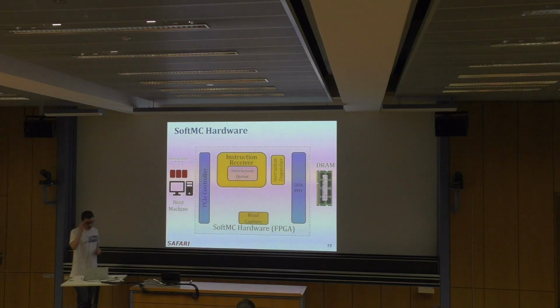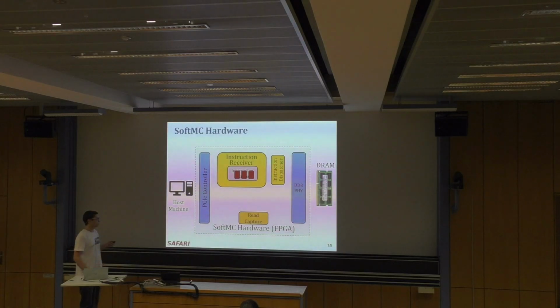Okay, so I will show here an example of three instructions: activate, wait, and read. First, in the host machine we define those instructions and then send them to the SoftMC hardware, where they are buffered until the last instruction in this instruction sequence is received.